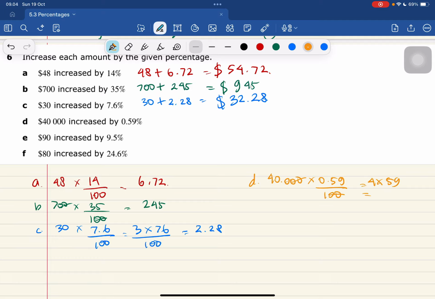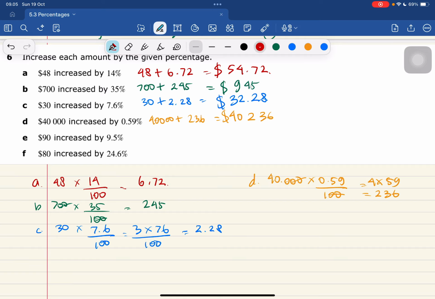So we'll give us the answer of 4 times 59. So this is equal to 236. Since this is increase, so 40,000 plus 236. So this is going to be $40,236.